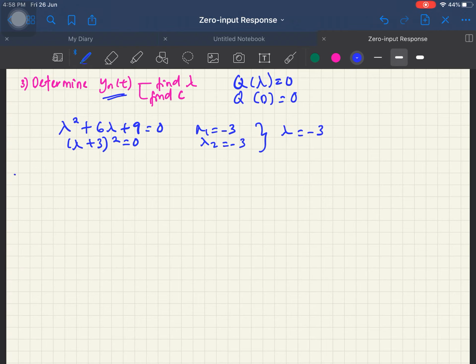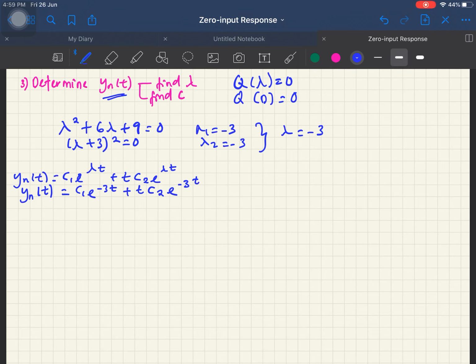Which means the general solution to yn(t) is equal to C1 e to the lambda t plus t C2 e to the lambda t. Sorry, this is no minus. So this is e to the lambda t. So if we substitute lambda, we will get yn(t) equals C1 e to the minus 3t plus t C2 e to the minus 3t.